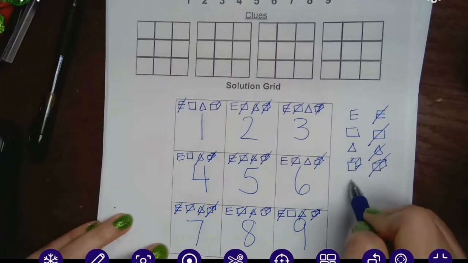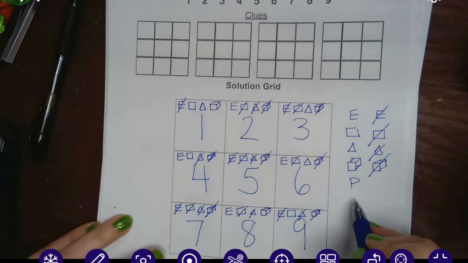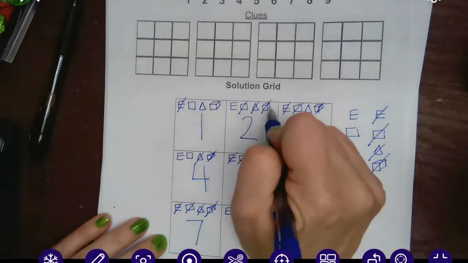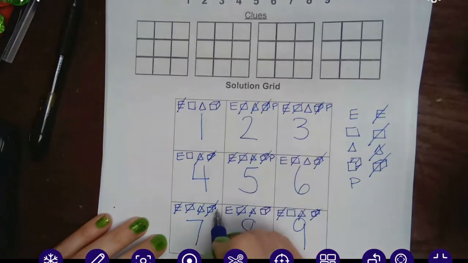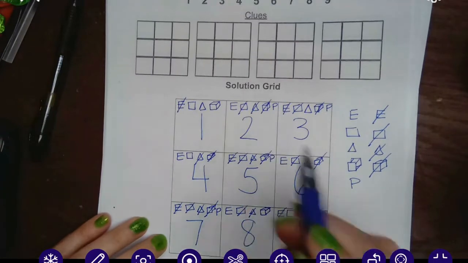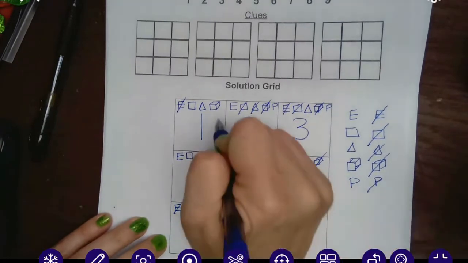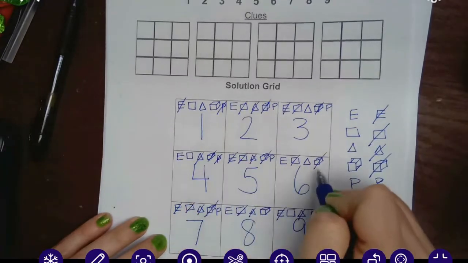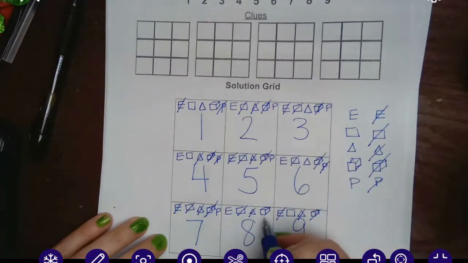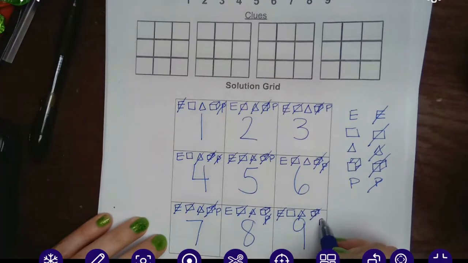We also have our prime numbers. Our prime numbers are 2, 3, 5, and 7, which means we have our not prime numbers, which are going to be 1, 4, 6, 8, and 9.